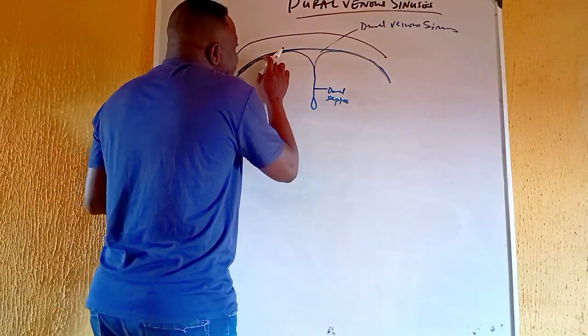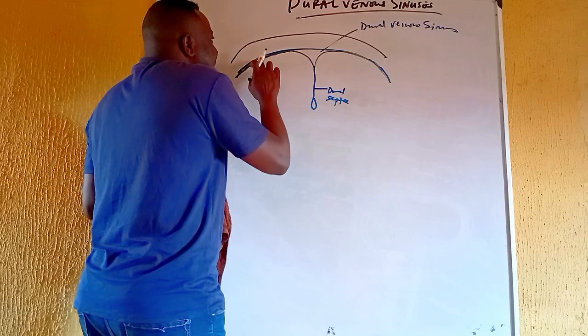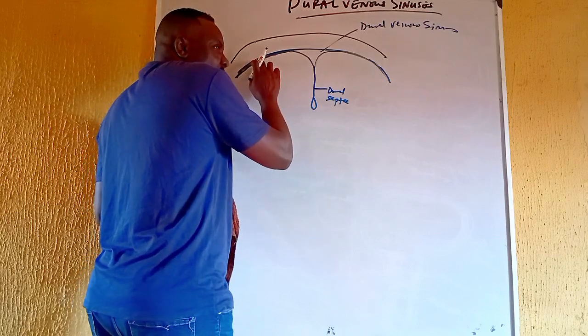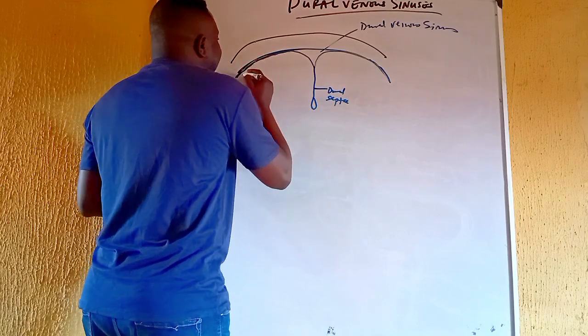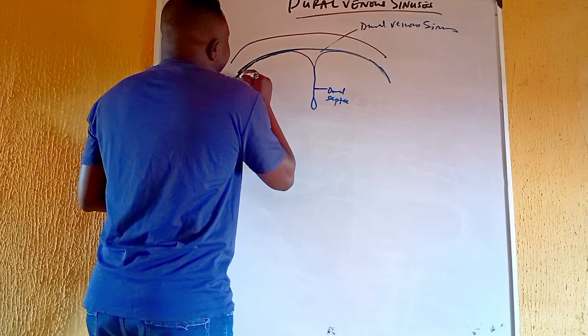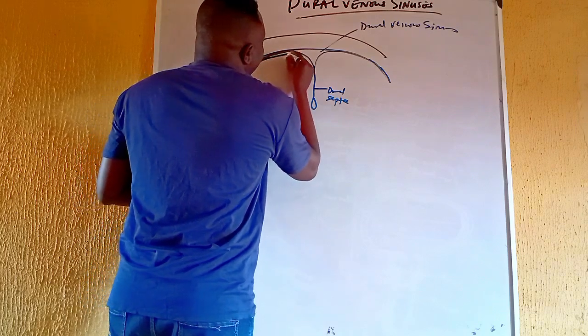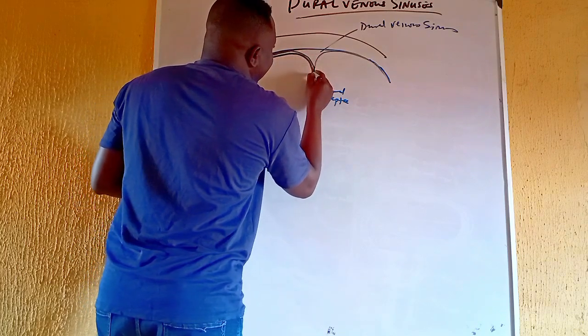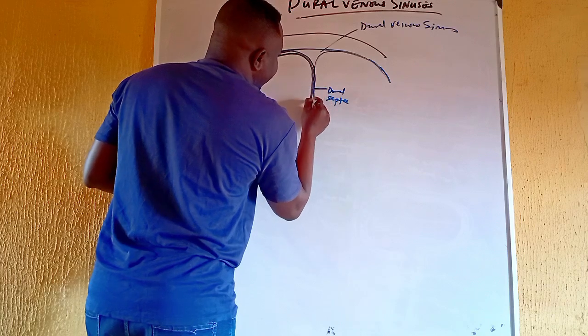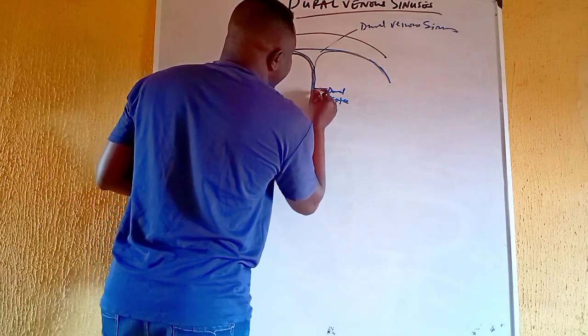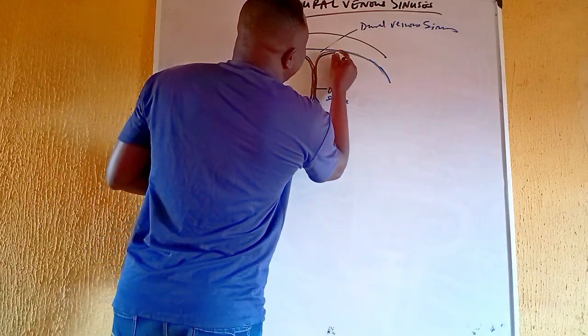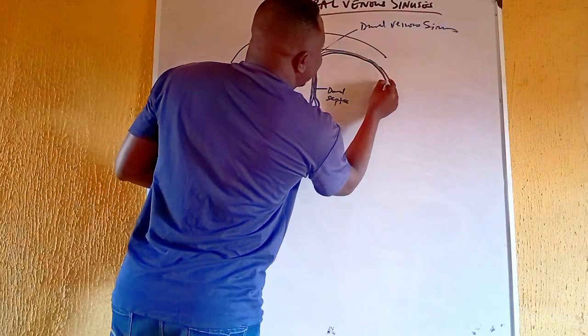Now, apart from this layer, we have another meningeal layer that is below the dural mater, and that layer is called the arachnoid mater.